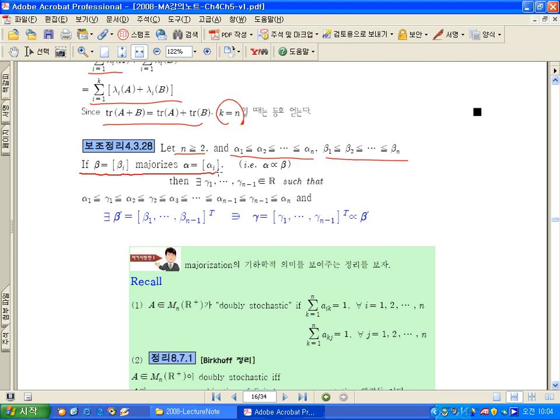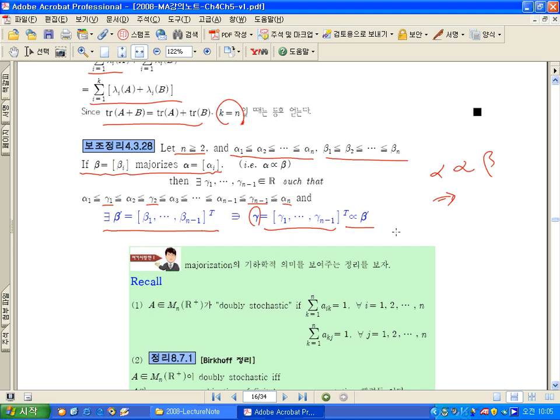In that case, if beta majorizes alpha, so alpha is majorized by beta, then there exists a vector gamma, which consists of gamma i's, such that gamma i is in between alpha i and beta i, and also there is beta prime such that gamma is majorized by beta prime.